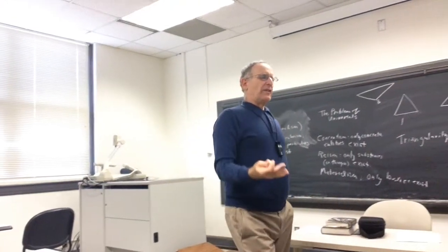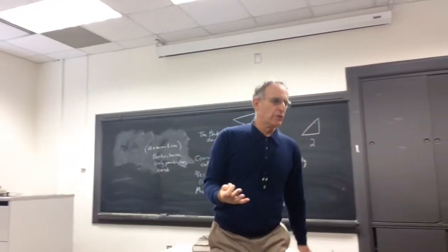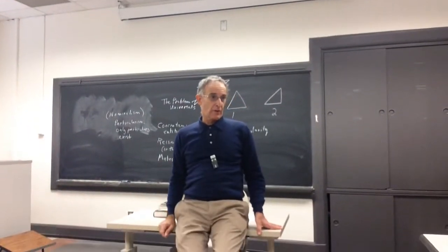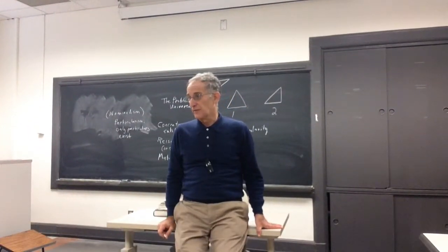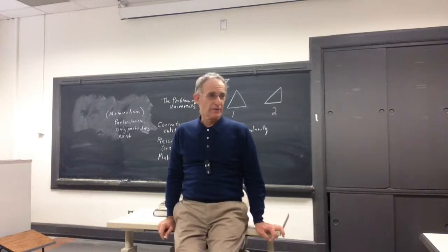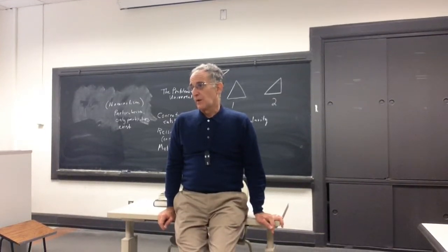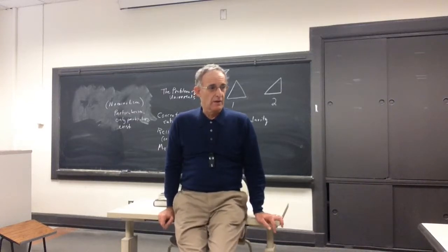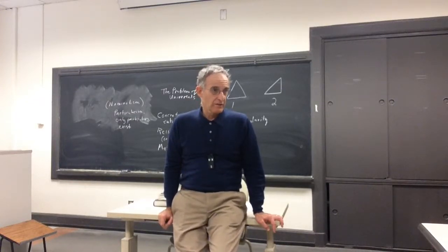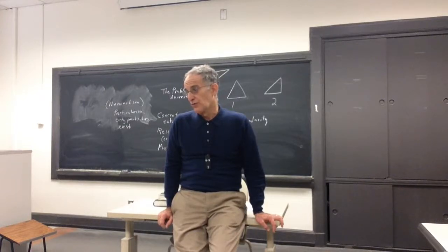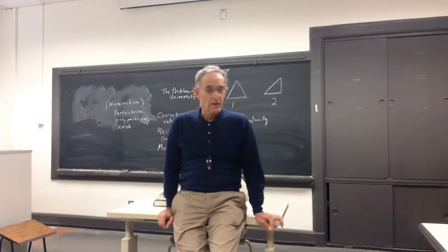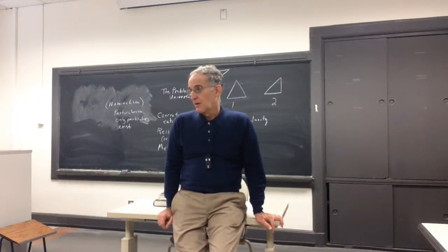So thinking about these questions actually goes way back to Plato. I want to start out with a brief historical overview. Plato had believed that there were certain eternal truths, most prominently eternal truths of mathematics, but also eternal truths of ethics as well.